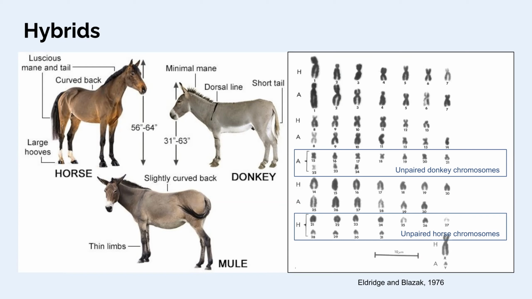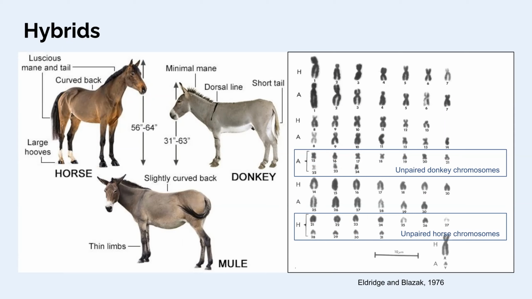If the mule went on to produce sperm and egg cells, those would get a kind of cherry-picked amount of some of its horse chromosomes, and some of the donkey chromosomes, the A on here is for ass, and they're not always the same. So in this case, we've got some horse and donkey chromosomes mixed in here. And this box here says we've got some donkey chromosomes that aren't necessarily going to match up very well with these horse chromosomes. They've got different numbers on them. They've got substantially different gene content.